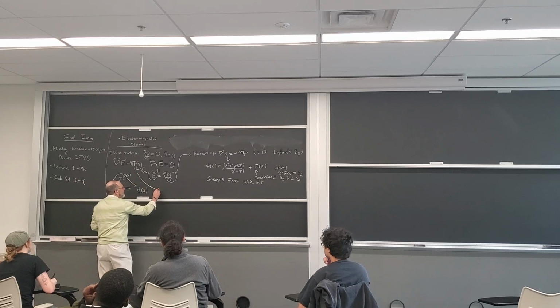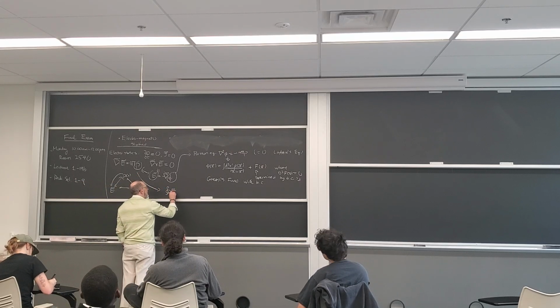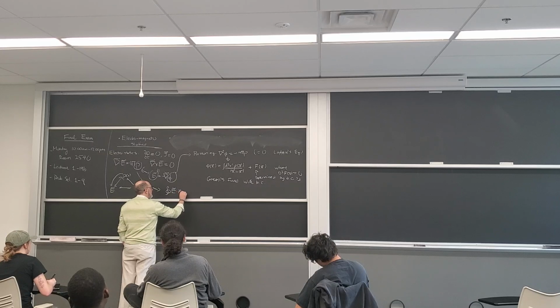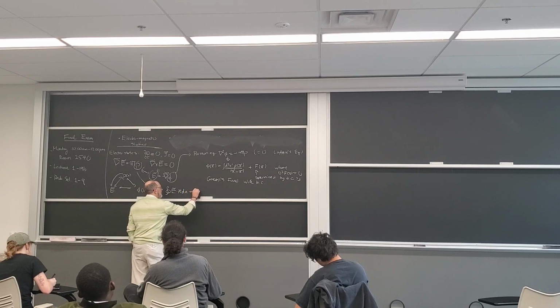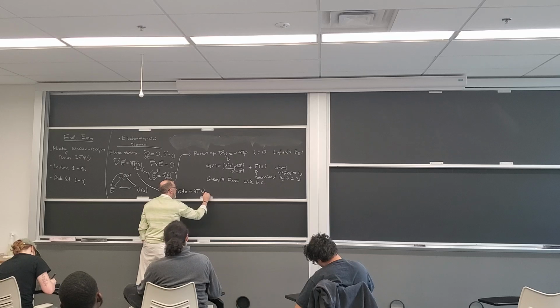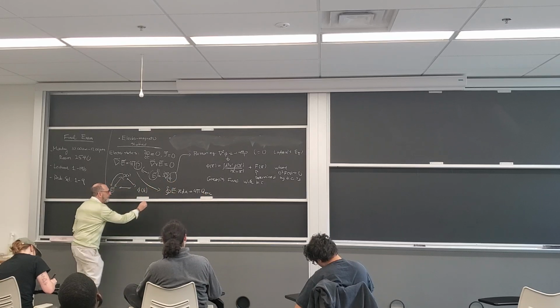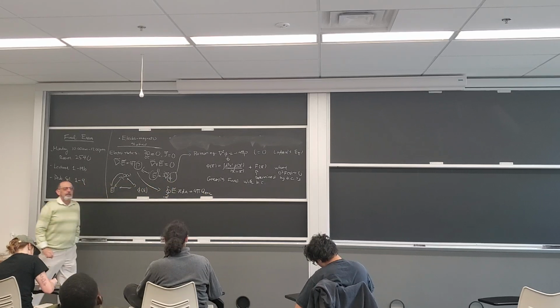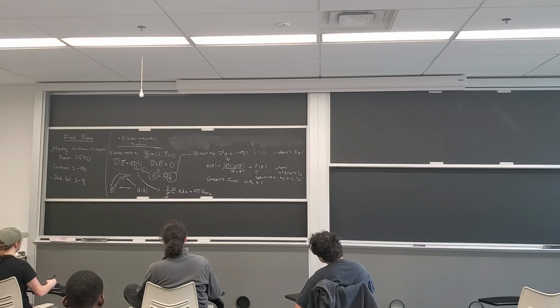So this equation tells us that we have this surface integral over a closed surface of the electric field. That's the integral form of Gauss's law.